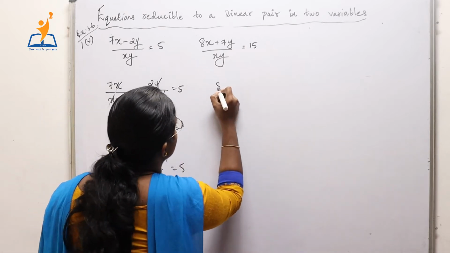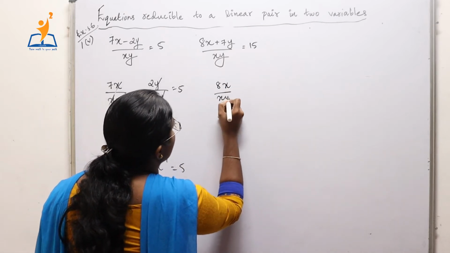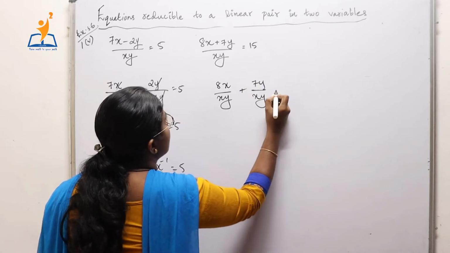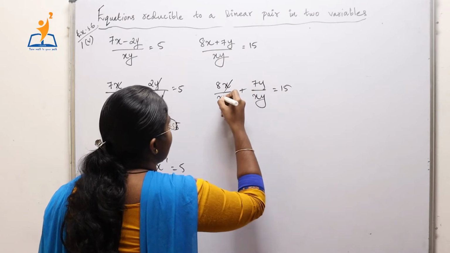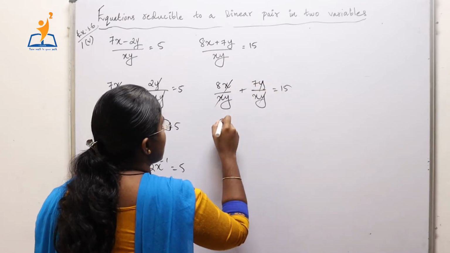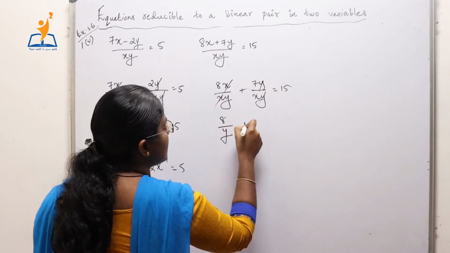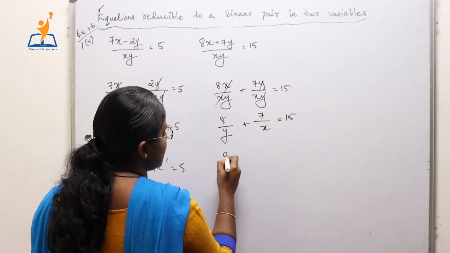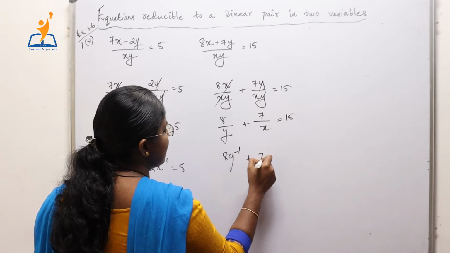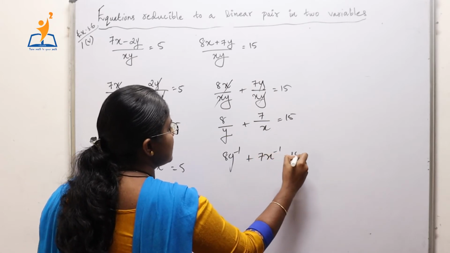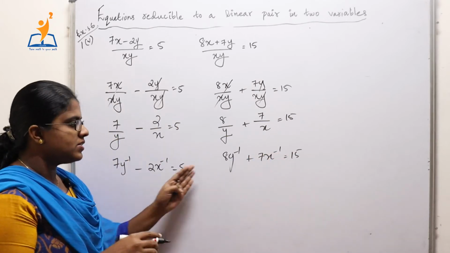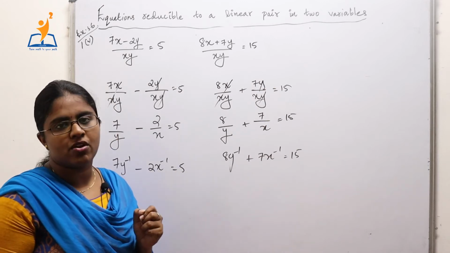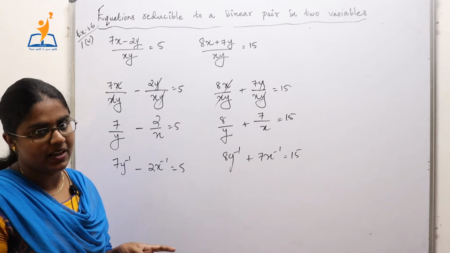Now check for this one, that is 8x by xy plus 7y by xy equal to 15. x and x get cancelled, y and y get cancelled, so it will become 8 by y plus 7 by x equals 15. That is 8y raised to minus 1 plus 7x raised to minus 1 equals 15. So this equation 2 is not a linear equation because the power of y and x is minus 1.